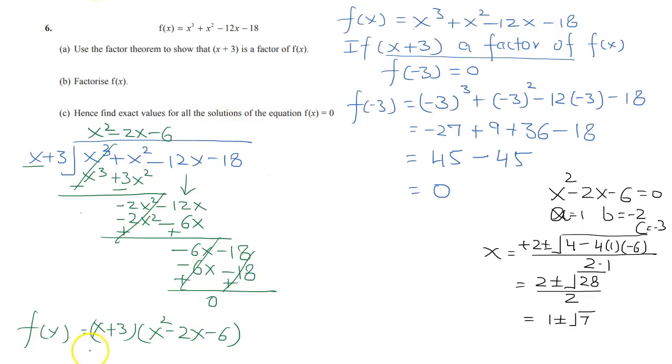So this equation can be written as x plus 3, then x minus 1 plus root 7 and x minus 1 minus root 7, and the solution will be x is equal to minus 3, 1 plus root 7 and 1 minus root 7.